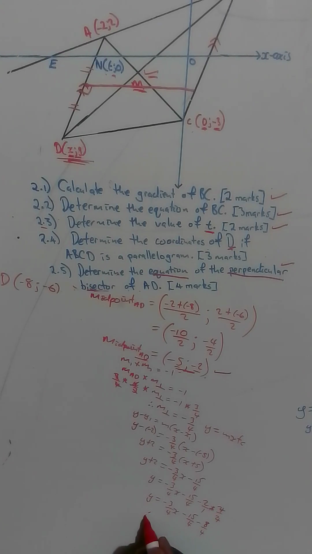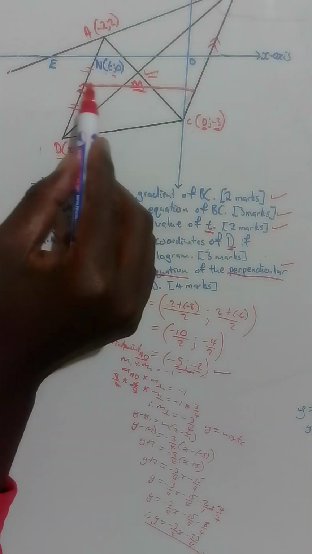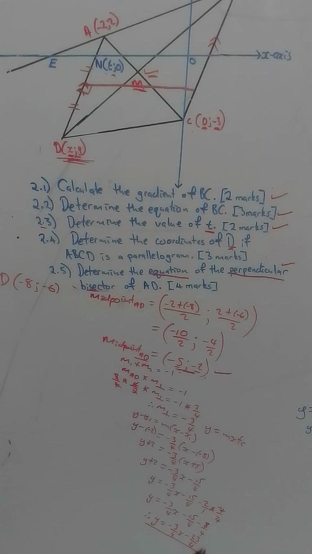So I can conclude that, therefore, my y is equal to -3/4x minus 23/4. This is the equation of the perpendicular bisector. So this equation here, this straight line here, its equation is that one.